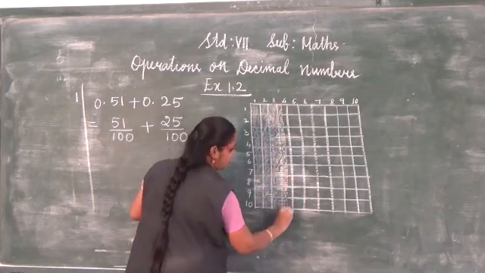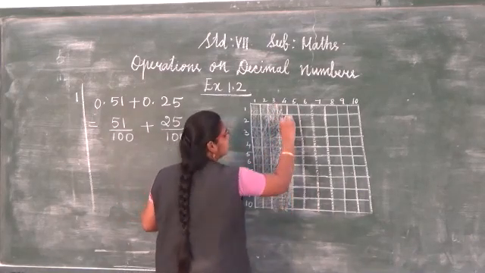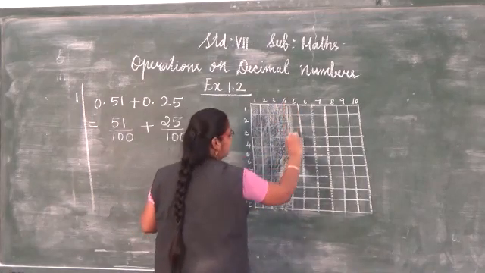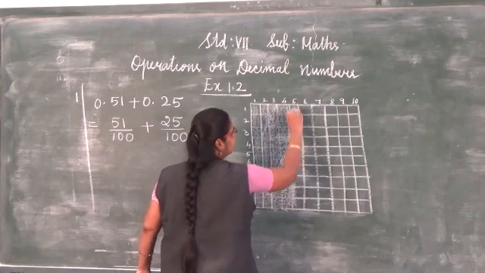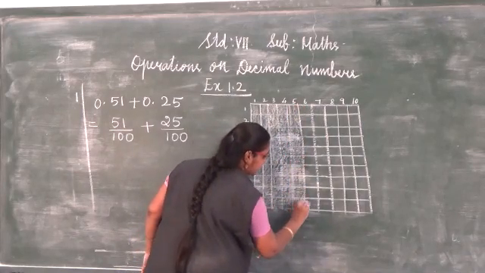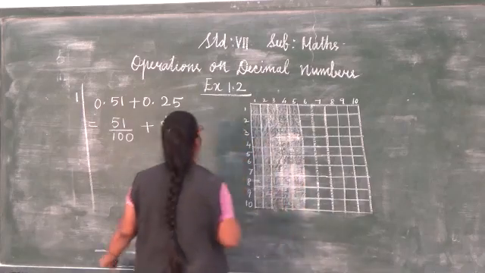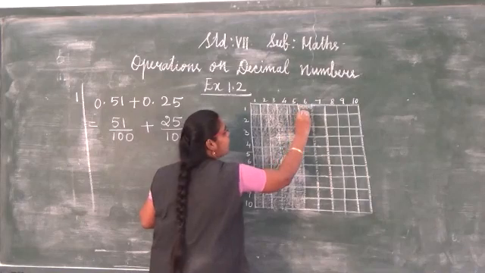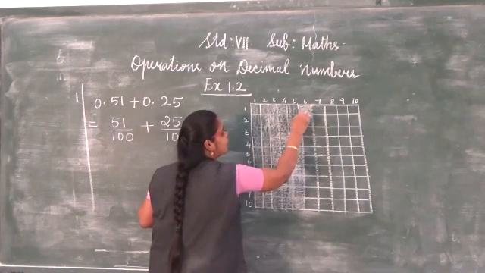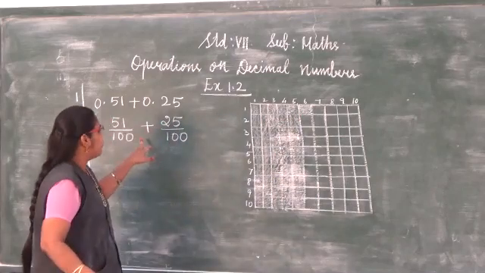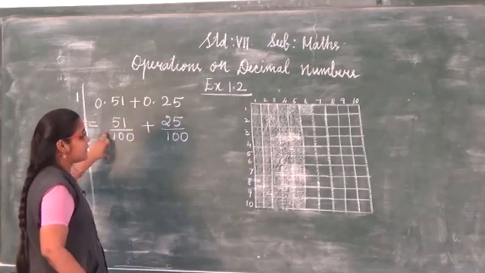Then 40. So again 50. So totally 50. In the numerator they have given 51. So 50 and then 51 means this one alone I have to shade. So now I have shaded 51 for the first number.